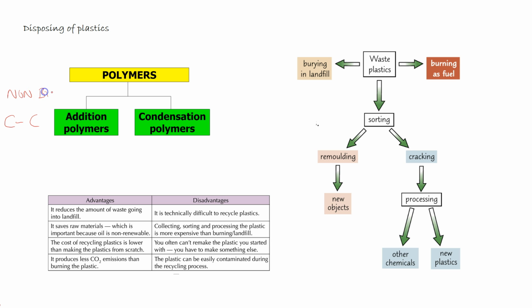So we can't simply put those into the ground and they won't disappear. However, our condensation polymers, as we've just seen, are biodegradable, which gives them an advantage because they can be broken down by bacteria, and we can also break them down with things like sodium hydroxide.